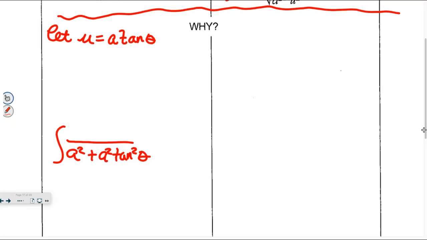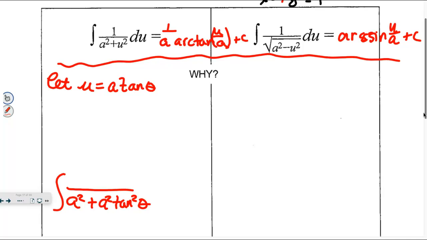All right, so I'm going to go back up here. On the top was a 1. So I'm just taking this, and right now I made a decision to let u equal a tangent theta. You'll see why I made that decision, and you'll be good at it in a couple days. So what are you going to let it be? Then my problem is I need to replace du. So what's the derivative of a constant times tangent theta? What would it be?